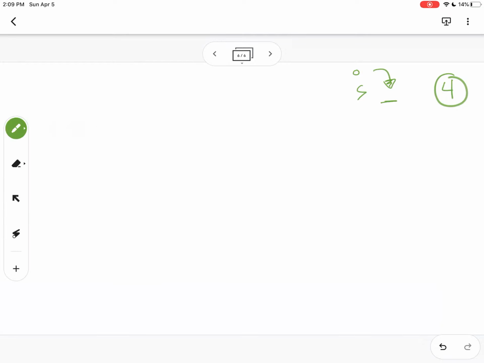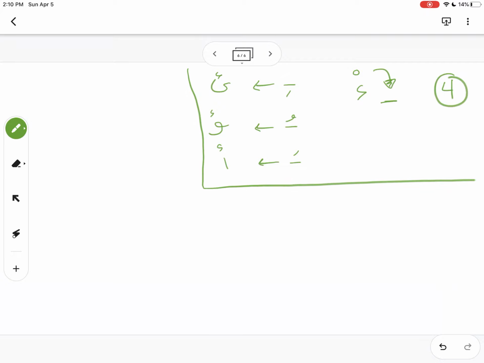So if there is a kasra before it, it'll sit on a ya chair. If there is a dhamma before it, it'll sit on a waw chair. And if there's a fatha before it, it'll sit on an alif chair.